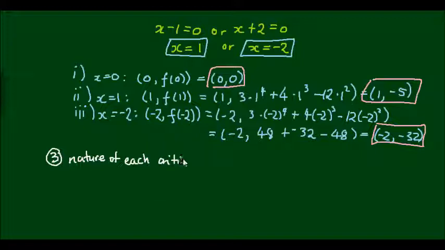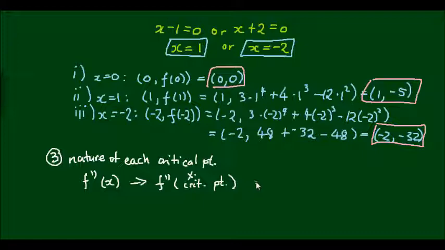To do that, we first find the second derivative of the function, and then evaluate the second derivative at each critical point. I should say that's the x coordinate of each critical point.